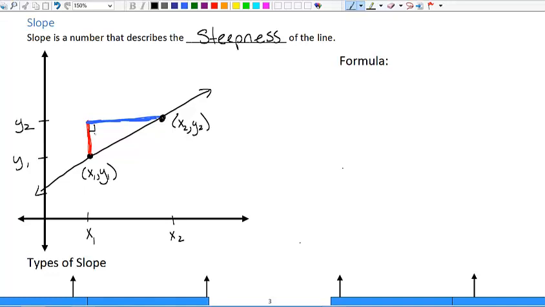So I want to know, what is the distance that you are rising? What is this distance here? Well, it's the same distance that's between these two numbers, right? That red and that red are the same distance. I'm just moving it to the y-axis. Well, when I ask students what the distance between y1 and y2 is, they have a hard time with that. But what if I asked instead, let's say this was 5 and this was 3.